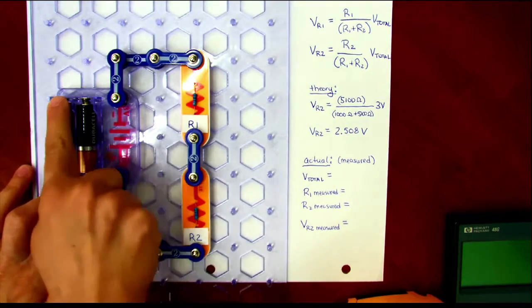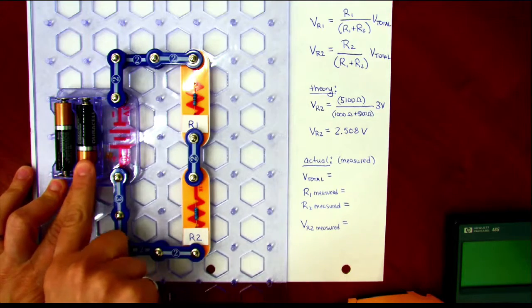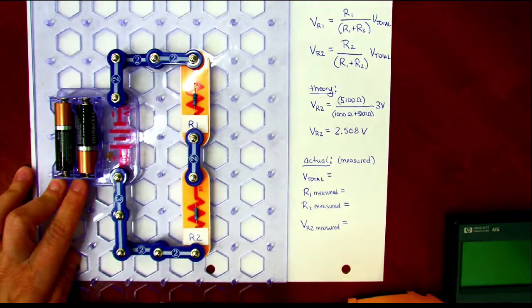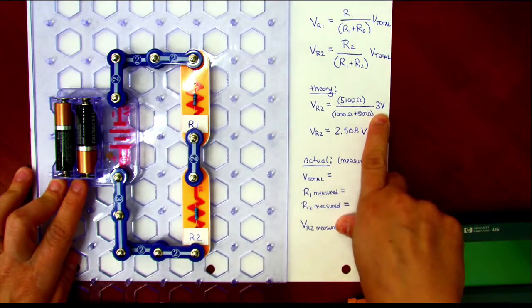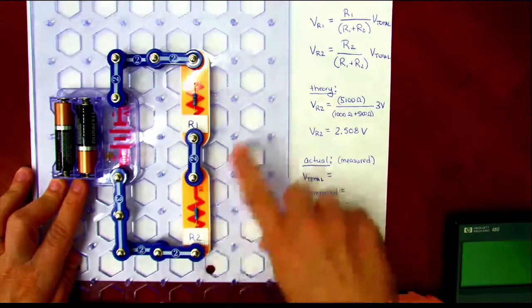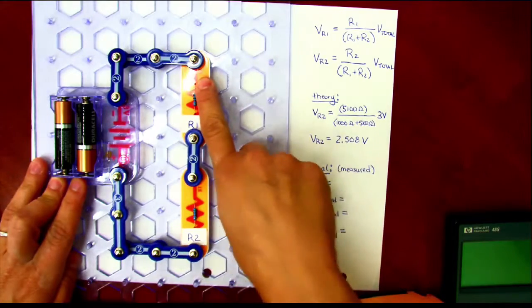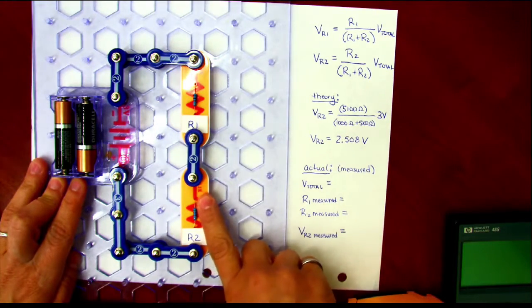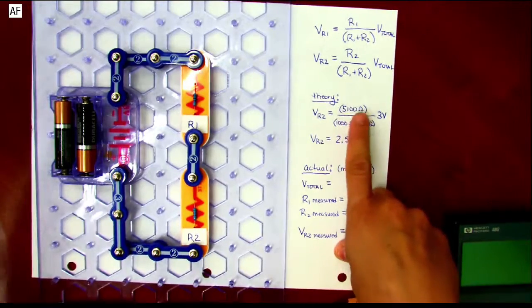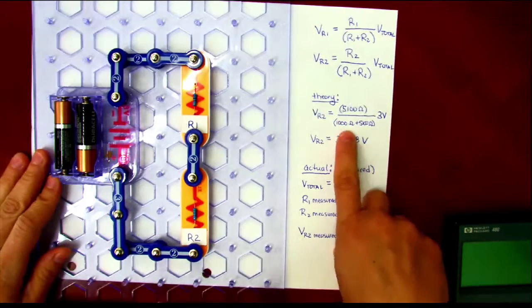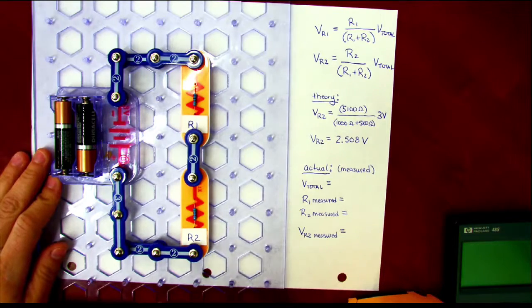In theory, these are 2 1.5 volt batteries in series that add up to 3 volts. So that's our theoretical 3 volts to distribute. We have 2 in series here, a 1 kiloohm resistor and a 5.1 kiloohm resistor. Again, this is just theory: 5,100 ohms and 1,000 ohms, and this is R2.